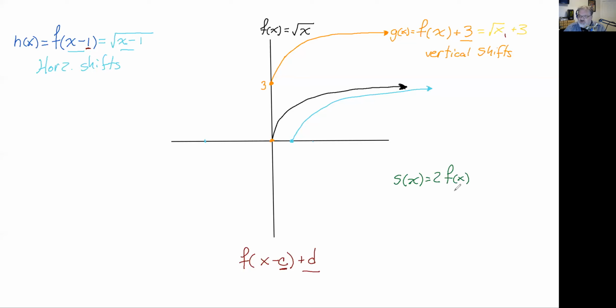So what's this going to do to our basic function? What's multiplying by 2 going to do to our square root of x? Again, in algebraic notation instead of function notation, it's 2 times the square root of x. It's going to take each of these y values and double them.